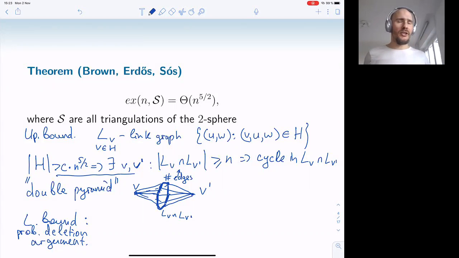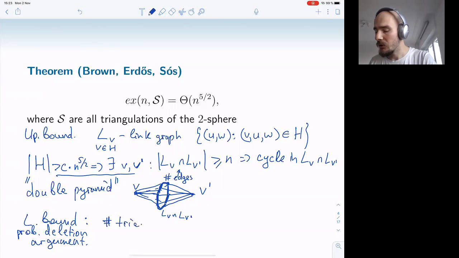So, standard probabilistic deletion. One needs, I guess, two ingredients for this. First thing is we need to have some kind of control of the number of triangulations of the sphere on, say, t vertices.